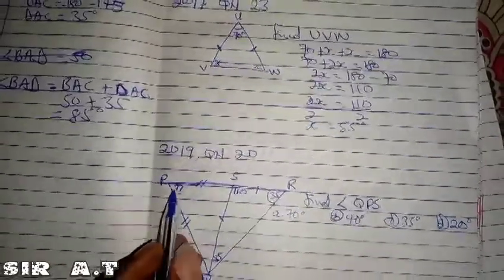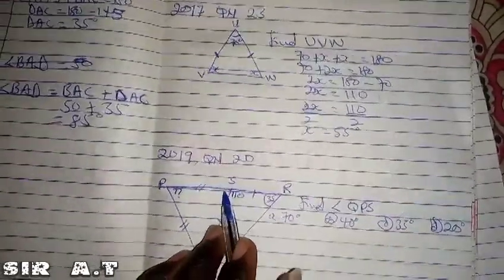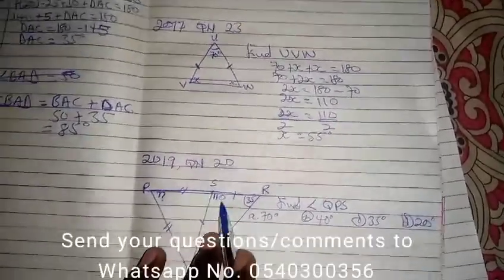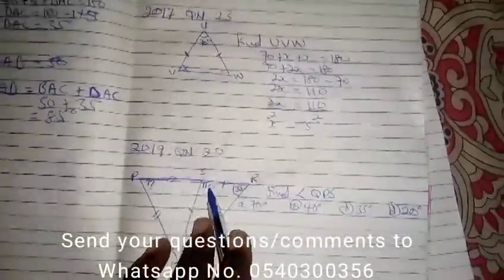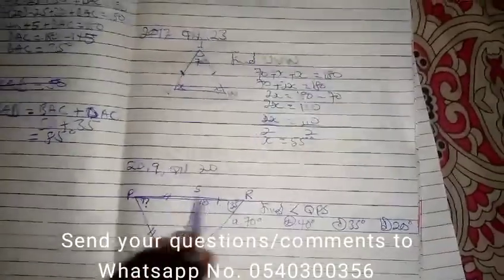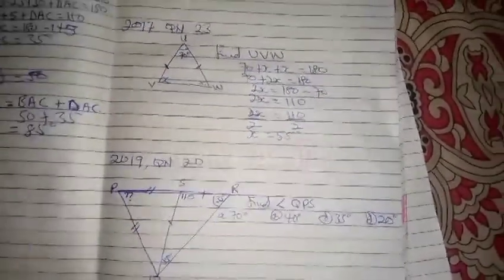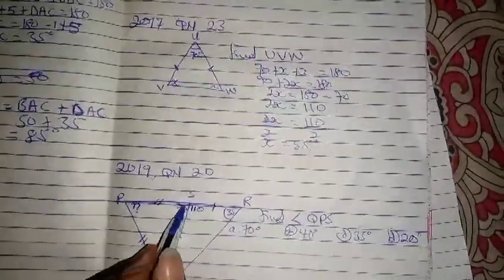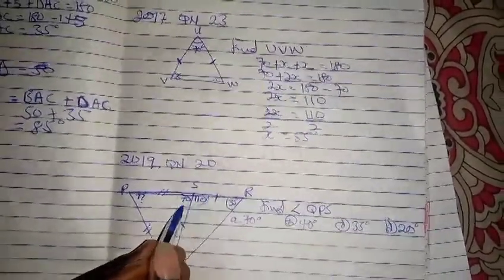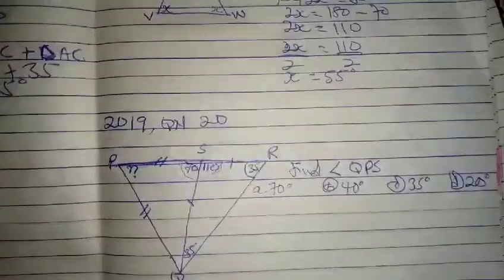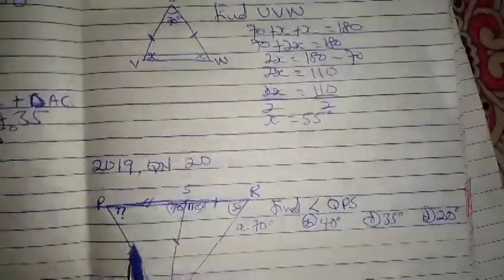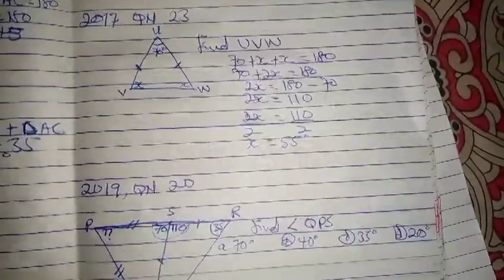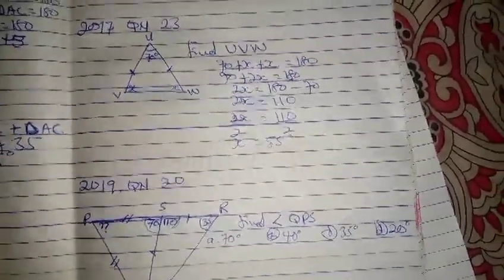And then to get this, you have to first know this angle. You see angle on a straight line. So if this is 110, you subtract 110 from 180, because a straight line sums up to 180. So here is 70 degrees. Now we're also given this side and that side to be equal. So here is 70.